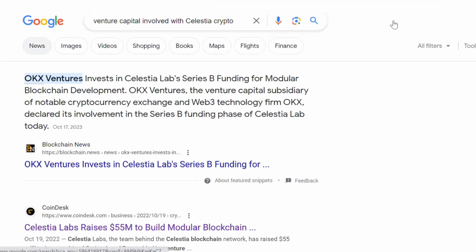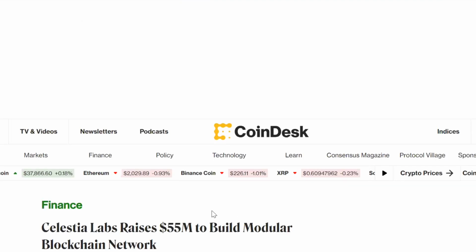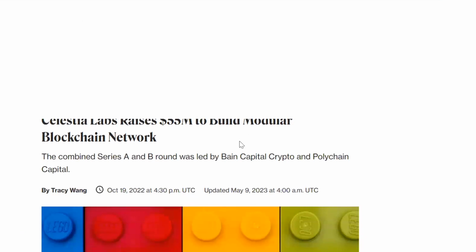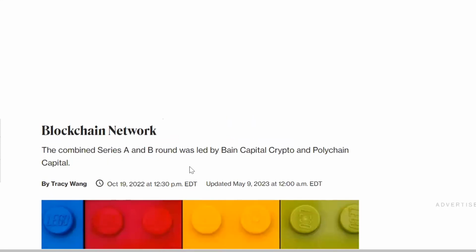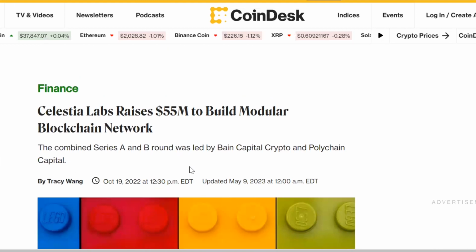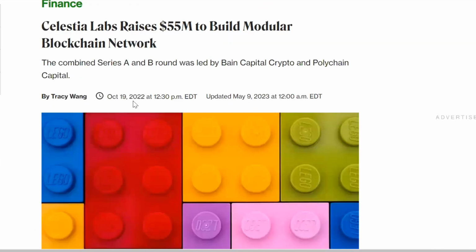You can see they had a venture round. They had a Series A and Series B round to raise money, and they raised $55 million to build the modular blockchain network. This was back in October of 2022.